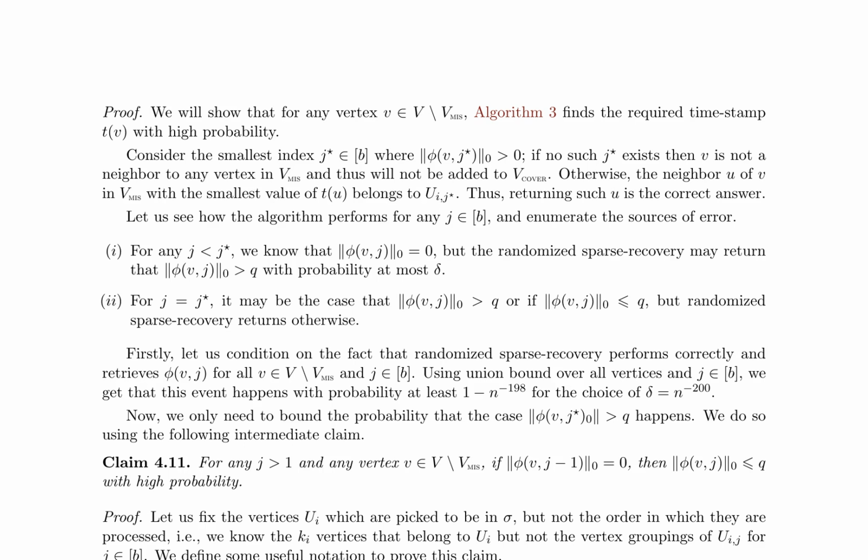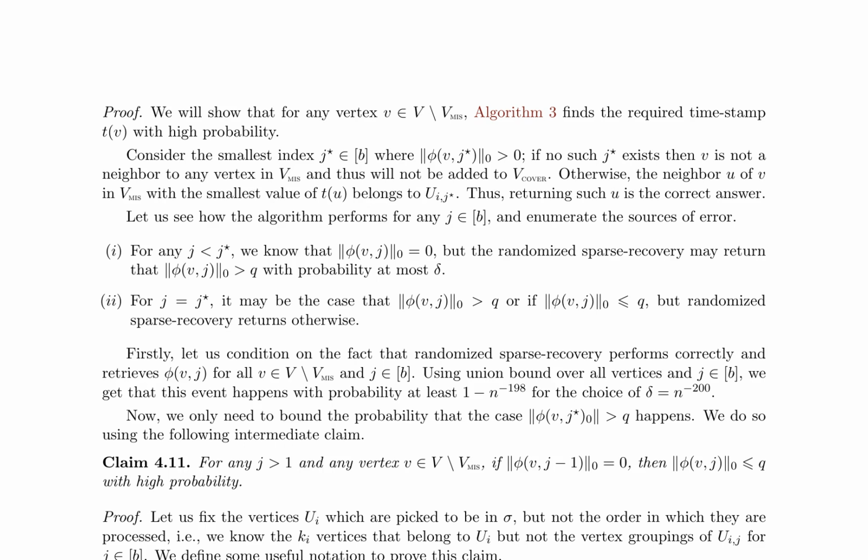The algorithm's performance is analyzed for any j element of b, and the sources of error are enumerated. For j less than j star, the randomized sparse recovery may return norm of phi_v,j greater than q with probability at most delta. For j equals j star, it may be the case that the norm of phi_v,j is greater than q, or that the norm is less than or equal to q but randomized sparse recovery returns otherwise.